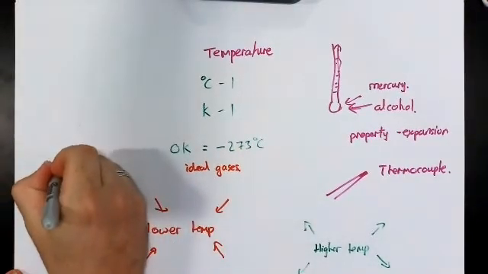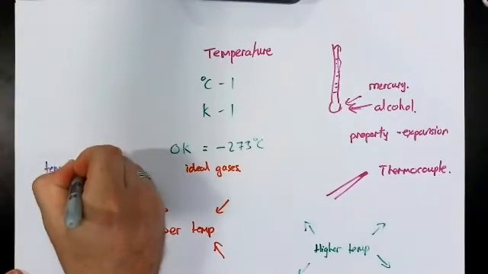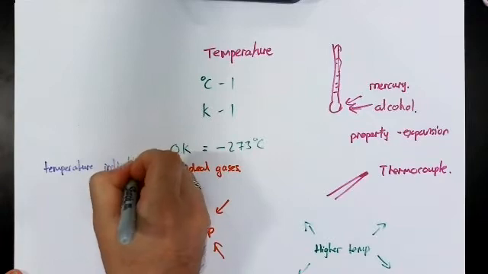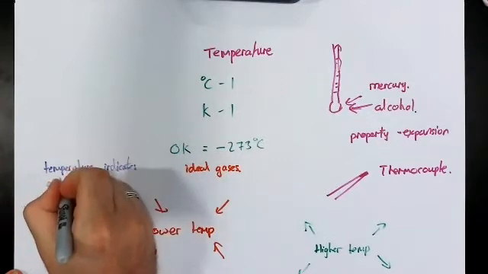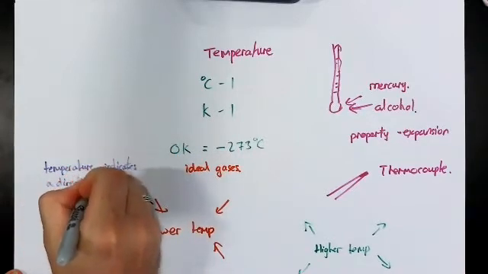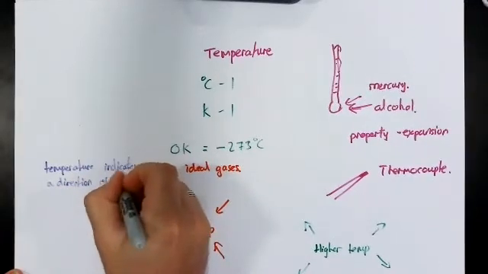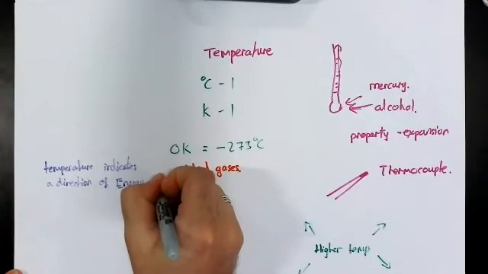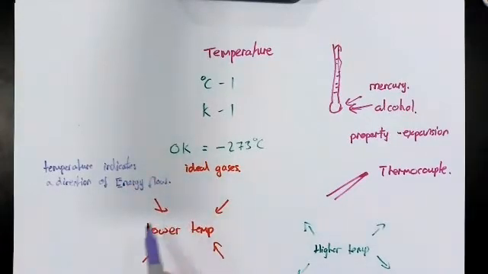So temperature indicates a direction of energy flow. And like I said, when something is lower temperature than its surroundings, then it's going to take energy in. That energy is going to be transferred in. And when we have a higher temperature object, that's going to give energy out.